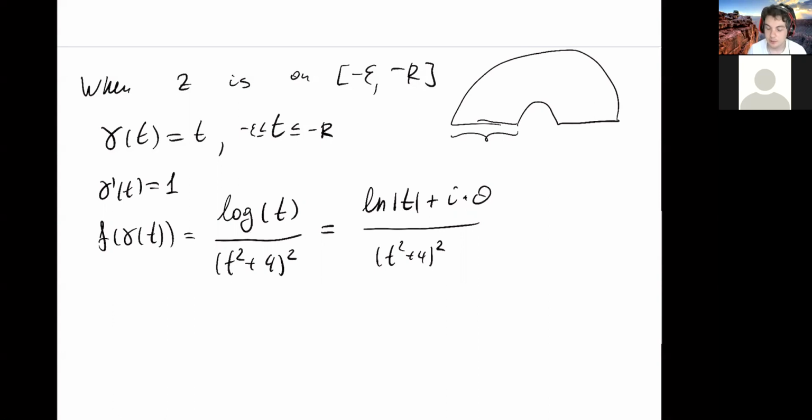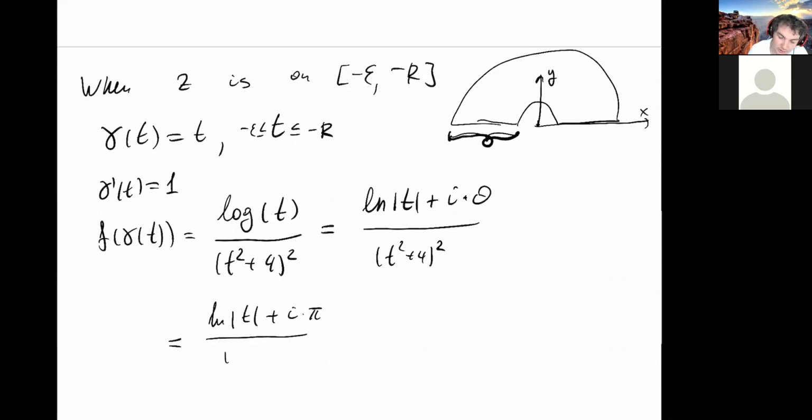On this whole line segment, theta is equal to pi, because here is my y-axis, here is my x-axis, here are my x's. This line segment is on the left from the origin, and so here theta is always equal to pi. So this is actually logarithm of absolute value of t plus I times pi divided by t squared plus 4 squared.